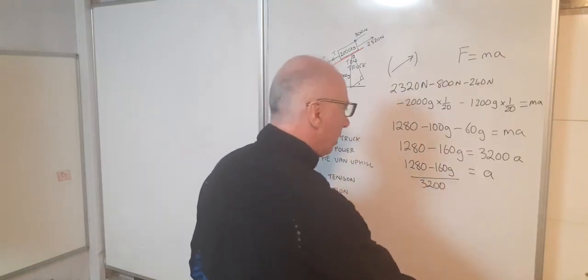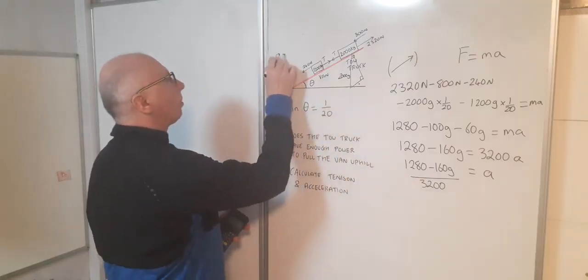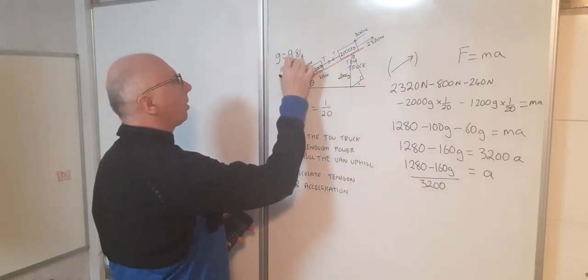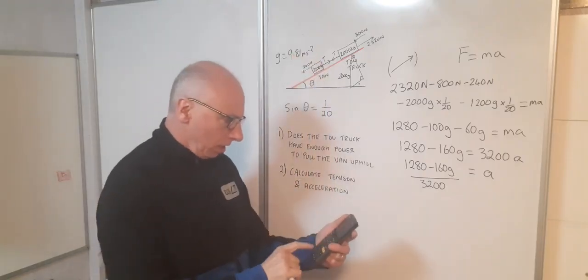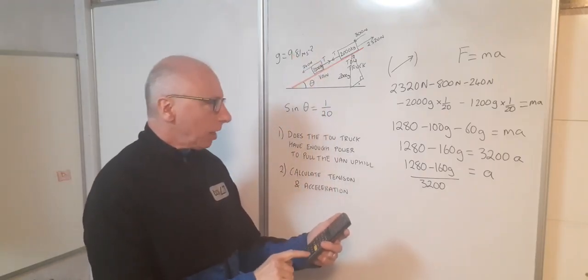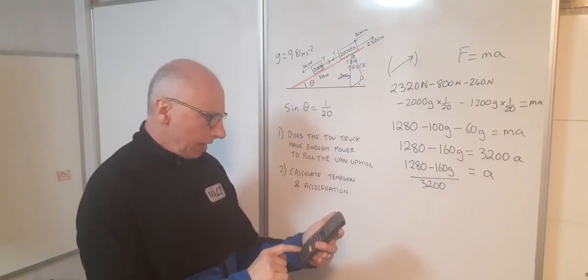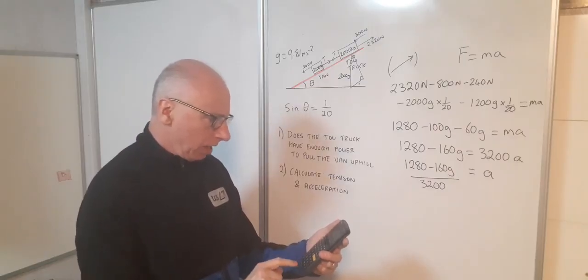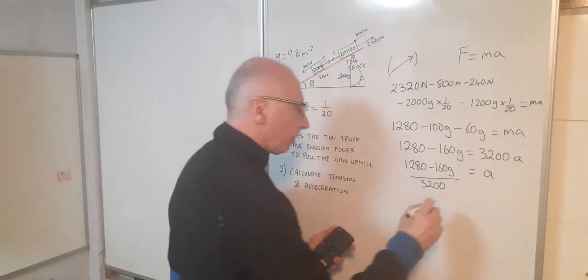Let's type that into our calculator. For gravity, we use 9.81 as our constant. So we've got 1280 minus 160 times 9.81, and then divide that by 3200, and we get minus 0.0905.